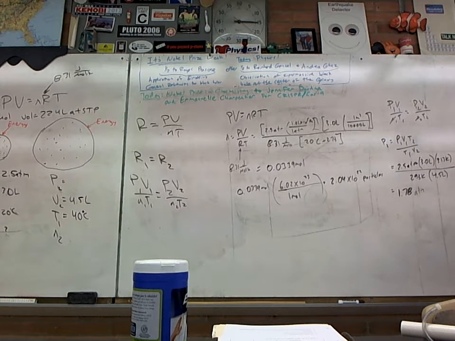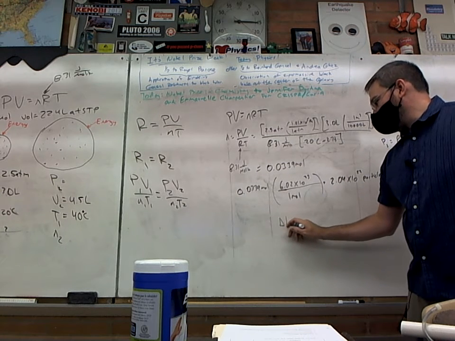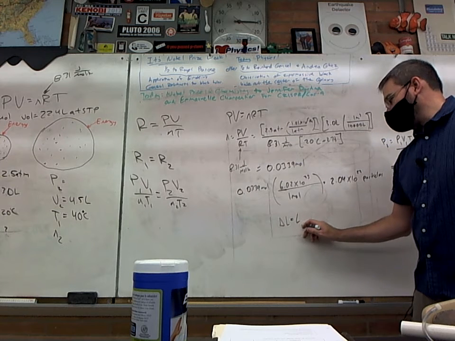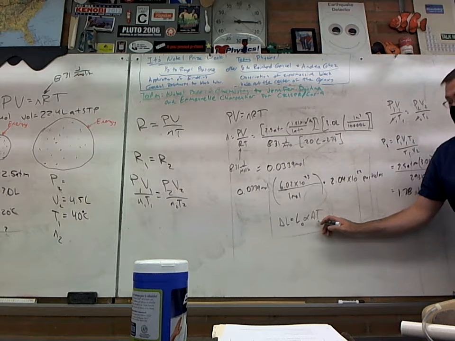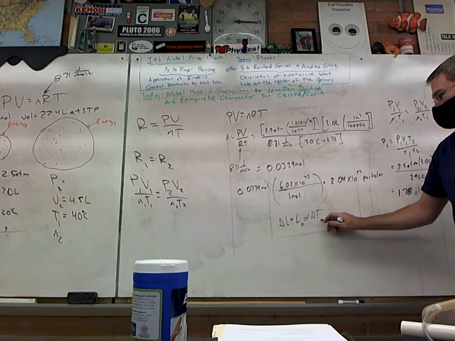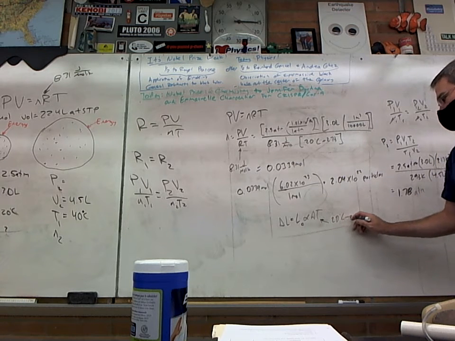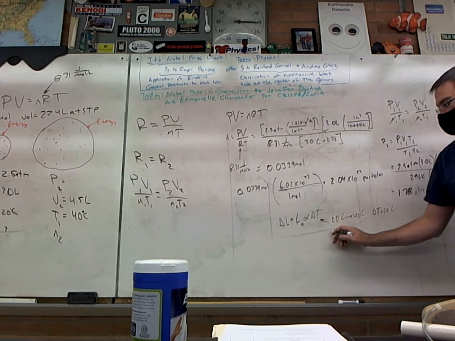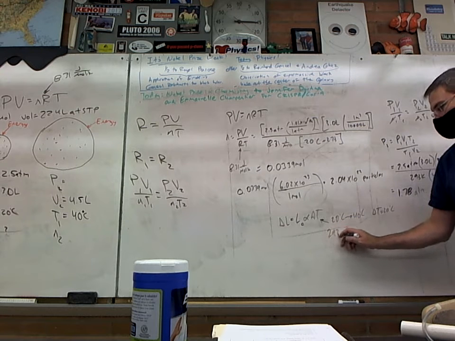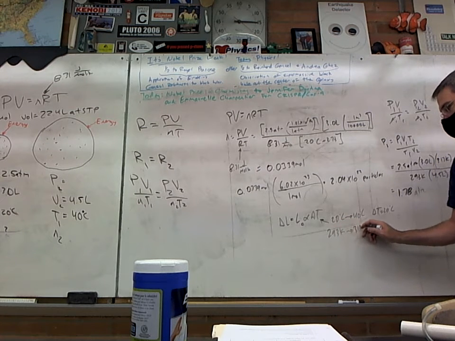So another example is the equation to calculate change in length, where delta L is L naught alpha delta T. This can be in Celsius or Kelvin. Because if the temperature goes from 20 degrees C to 40 degrees C, that's a delta T of 20 degrees C. This in Kelvin is 293 Kelvin, goes to 313 Kelvin.